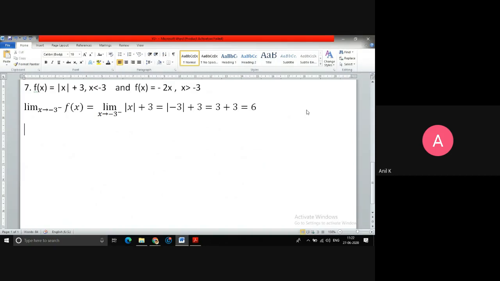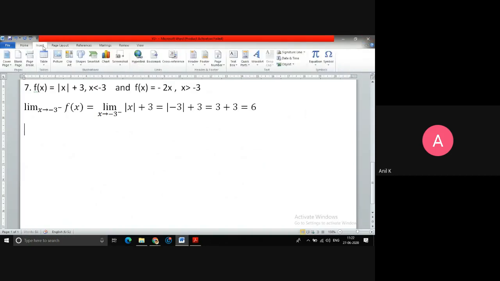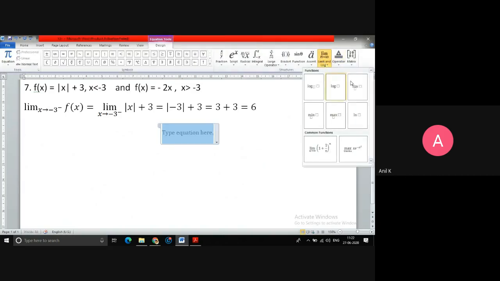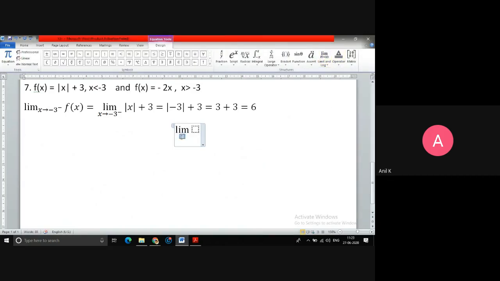Now when I go to the right limit, let me insert the equation again for the right limit. So what do you get here? It is limit x tends to minus 3 on the right side. Here it will come as a plus sign. So f of x will come, which is equal to limit x tends to minus 3 plus.